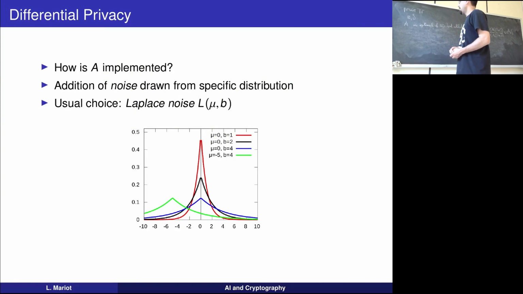So how do we do this? There are several ways. One of the classical ways in the differential privacy literature is to use Laplace noise, so we are sampling from a Laplacian distribution.